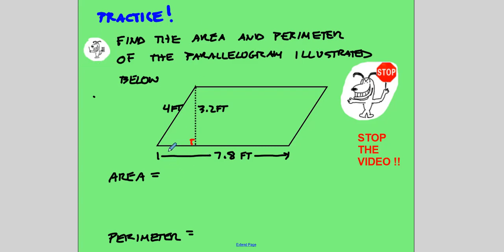So the area is going to be base times height. So that's going to be 7.8 feet times the height, which is 3.2 feet. So 7.8 times 3.2. I'm going to have to move the decimal in the end 2 places, so this is just 78 by 32 for the moment. 8 times 2 is 16.